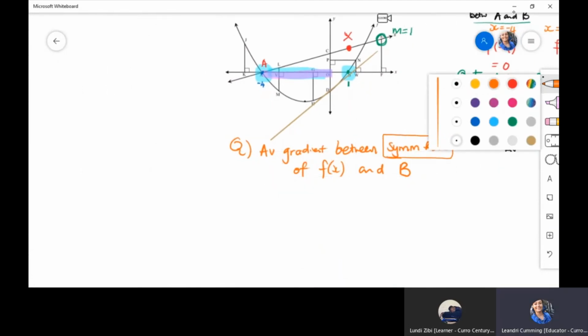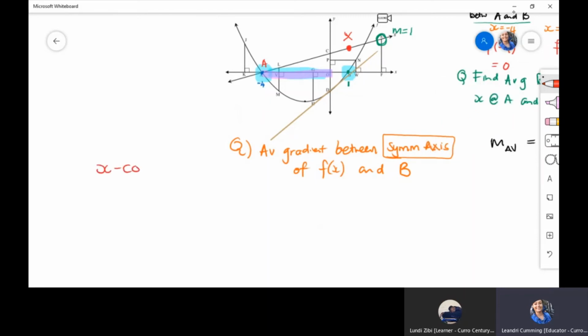We must remember in parabolas, another name for the x coordinate at the turning point is in fact the equation of the symmetry line, the symmetry axes of your parabola. The parabola is the only graph that has a symmetry axis that works like this. Therefore, it is the turning point using x is equal to minus b over 2a.